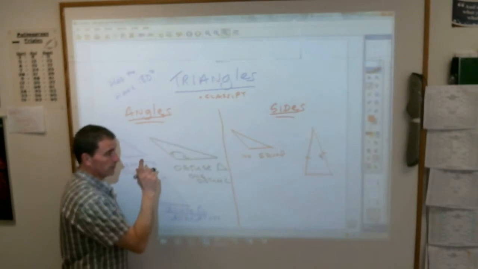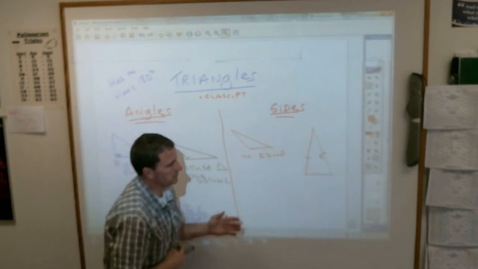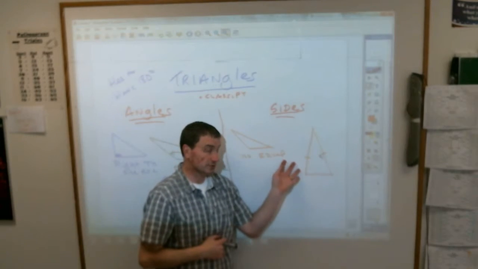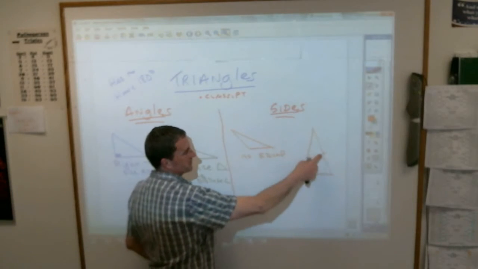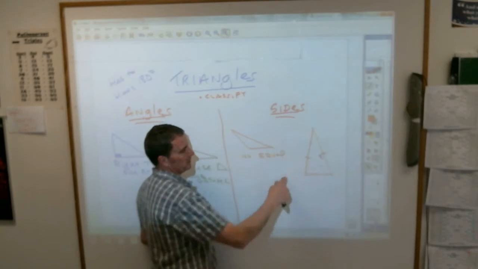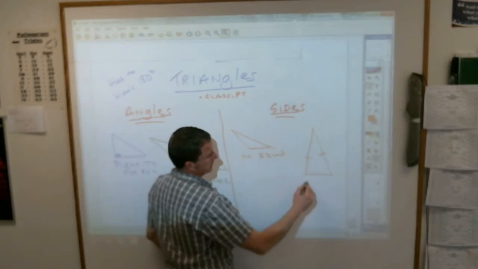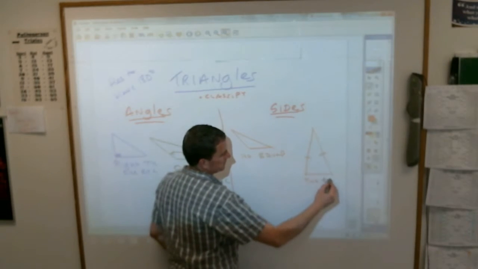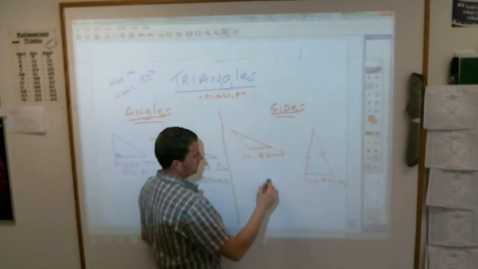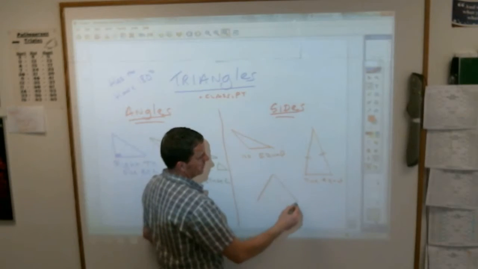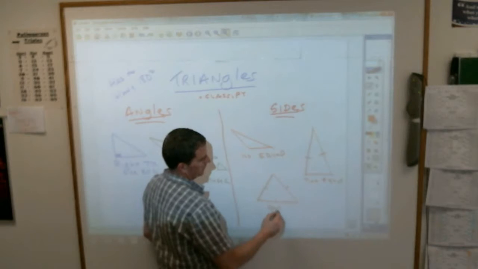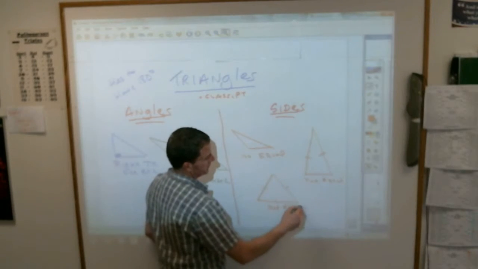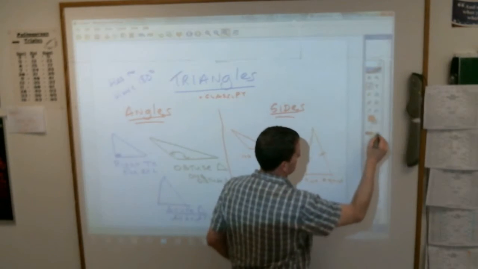And I told you this before, it's hard to draw a freehand triangle with two equal sides. But if you want to show that you meant for those sides to be equal, just put one slash in each one. That's a mathematical way to say those two sides are equal. And of course, the last one is a triangle that has all three equal sides. All equal.